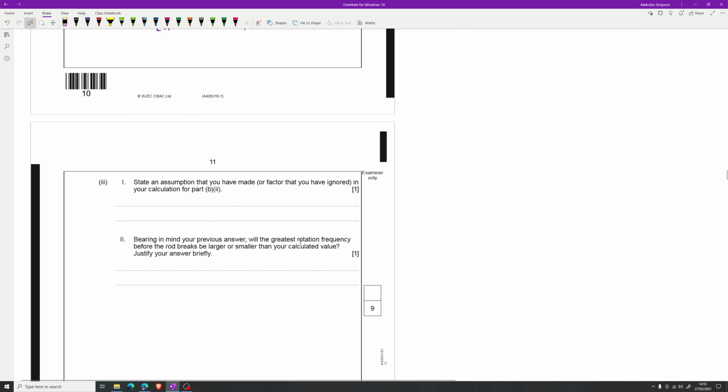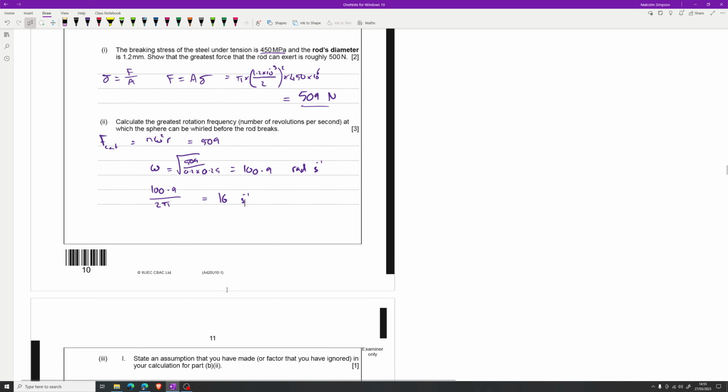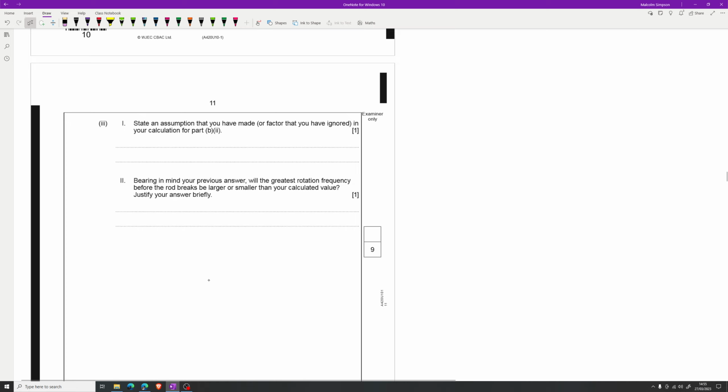So that's the only thing that I can think of here. Yeah, we have an assumption we have made. We have ignored weight of ball, which adds additional. That's the only thing I can think of, unless I'm missing something obvious.